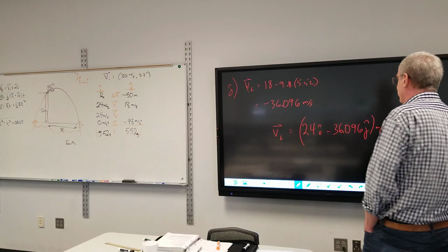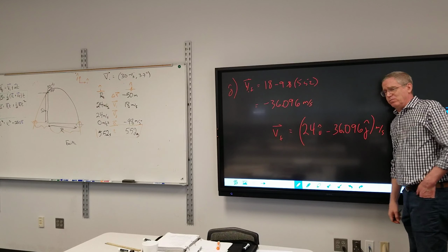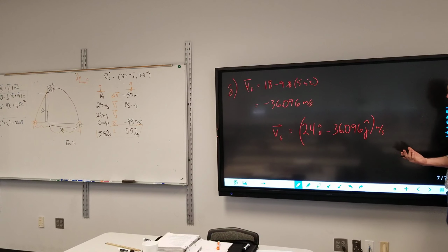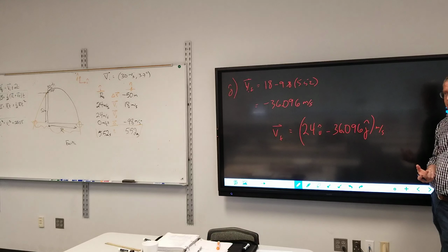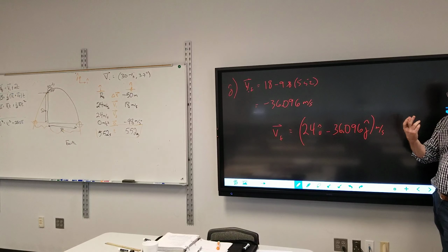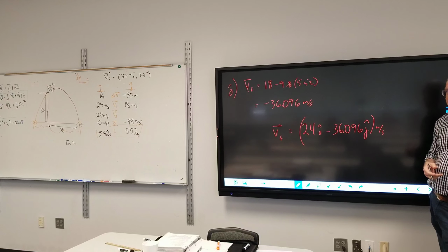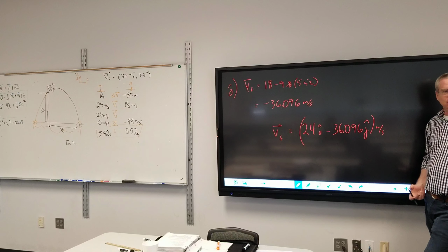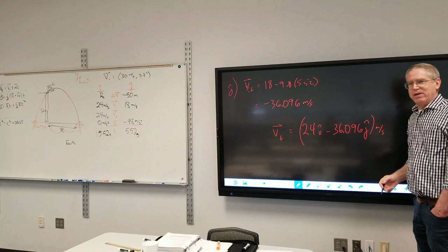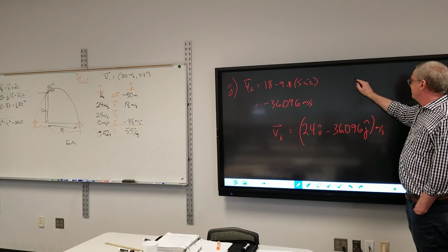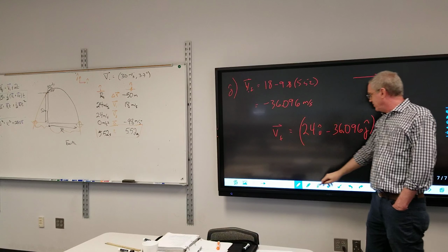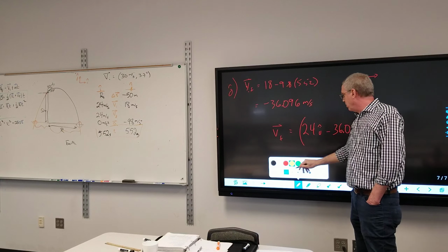Now, if I ask for the final speed, we'd have to basically go to polar form, or use the Pythagorean theorem to find the final speed and the final angle. Let's go ahead and do that for the fun of it. Typically, I would just ask what's the final velocity, and then you decide what form you want it in. But let's celebrate in the math and figure out the final velocity in polar form.